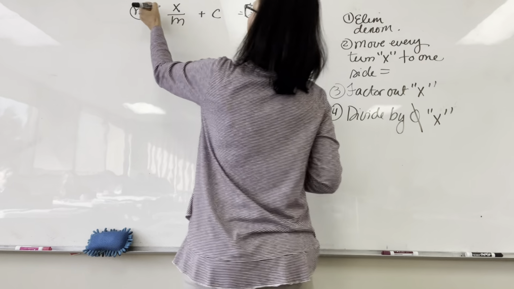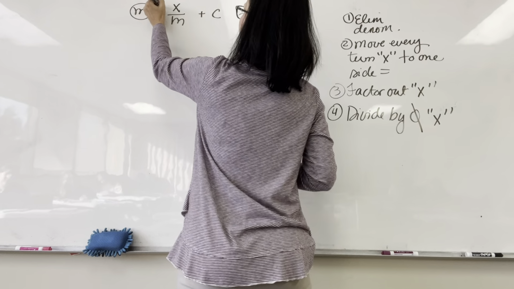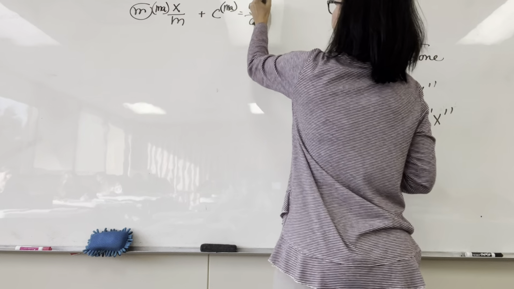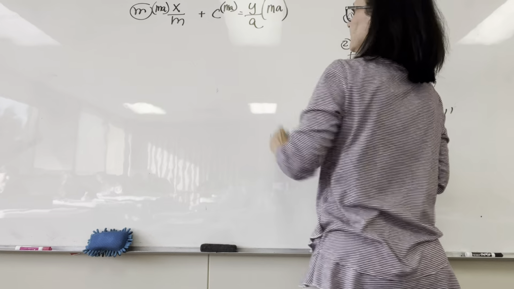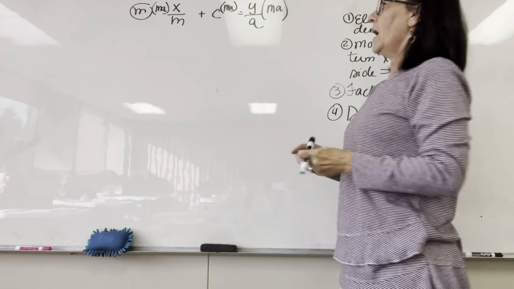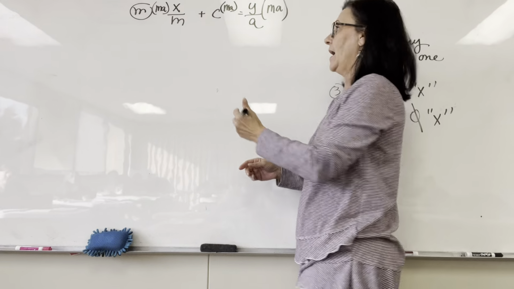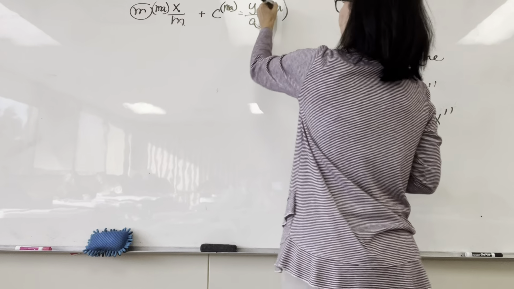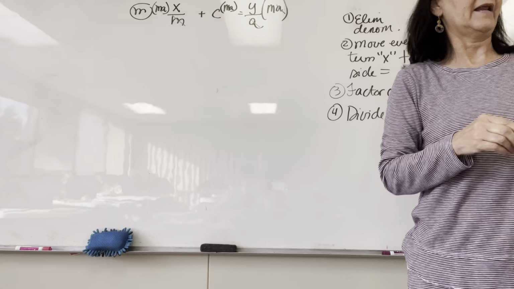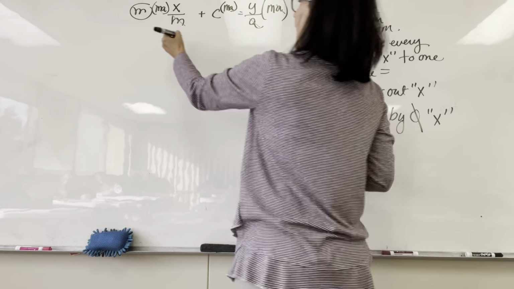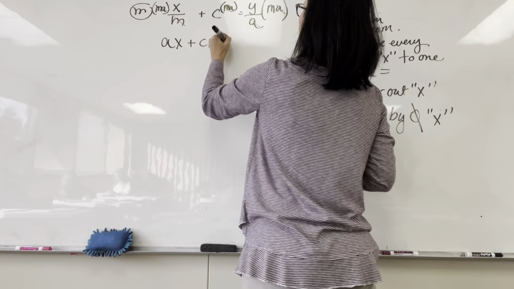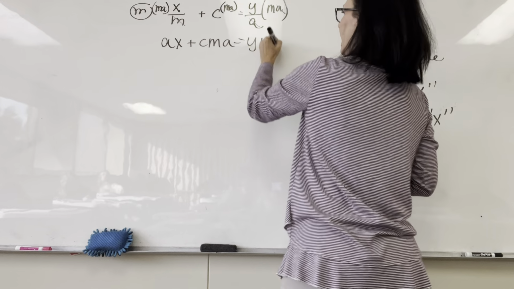MA, that's right. Multiply every term by MA. Before I multiply, I simplify, because I can only simplify terms that are multiplied. That's how my denominators eliminate. I'm left with ax plus cma equals ym.